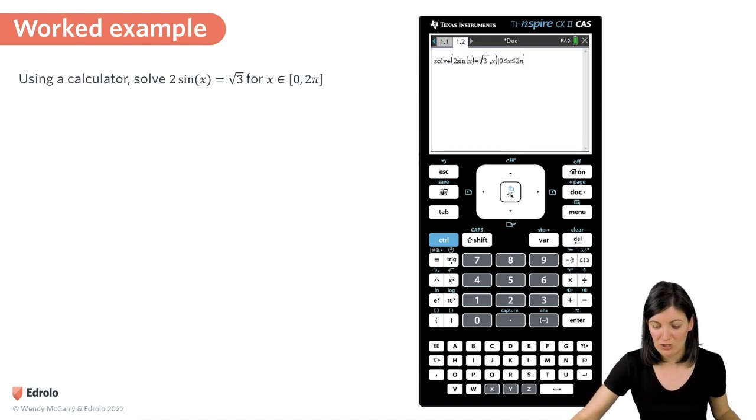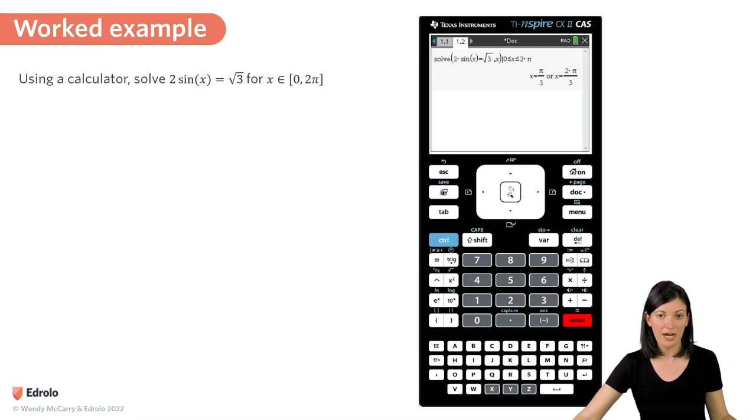Here's my function. I've restricted the domain. Pressing enter, you can see I get x is equal to pi on 3 or x is equal to 2 pi on 3, which is exactly what we got when we did it by hand.